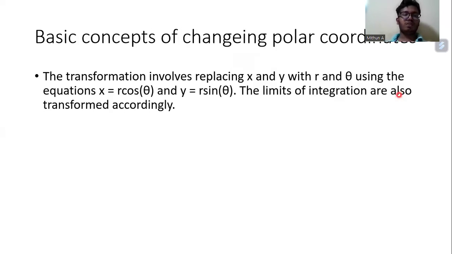Let us learn about the basic concepts of changing to polar coordinates. The transformation involves replacing x and y with r and theta using the equations x = r cos theta and y = r sin theta. The limits of integration are also transformed accordingly.